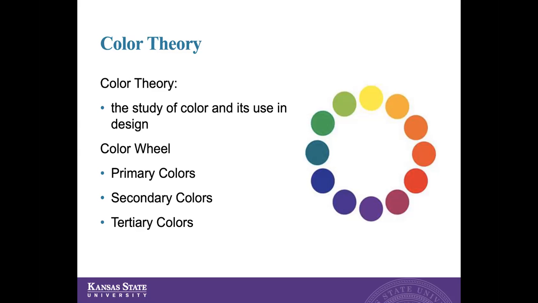We have our secondary colors like green, orange, purple. And then tertiary colors, which are the next shades of green, blue, purple, red, orange.